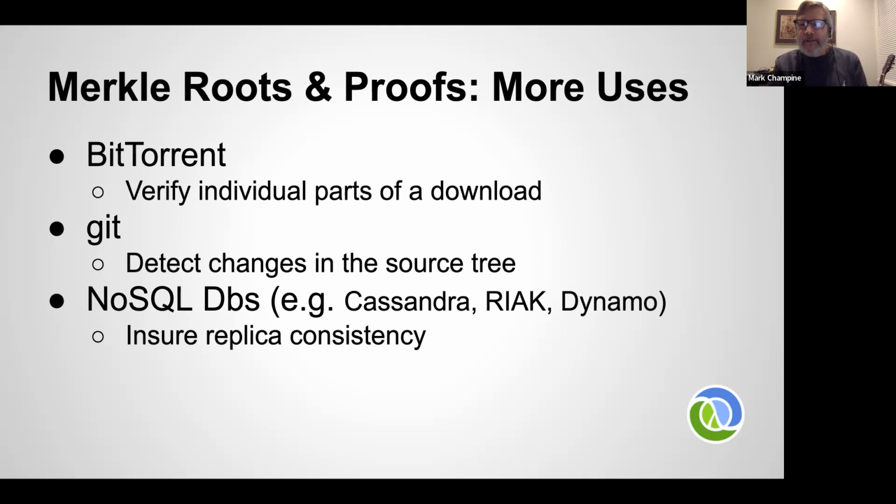So it does show up all over the place. Certainly Git is used by a huge number of software developers worldwide. So you're using Merkle every day, whether you know it or not. So very useful pattern, definitely.